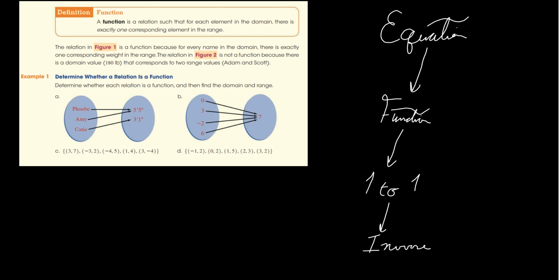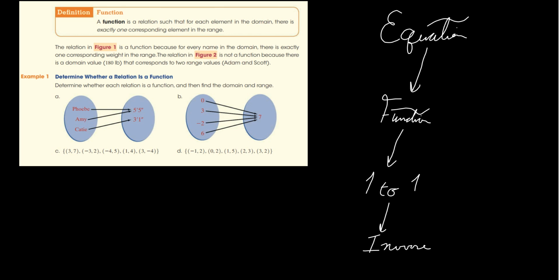So basically what this means is that all functions are equations, but not all equations are functions. And I feel like I'm getting a little too deep here, so we're just going to pause there, and I might reference this whenever we get to that point, because at least I introduced it. So let's just stop there.